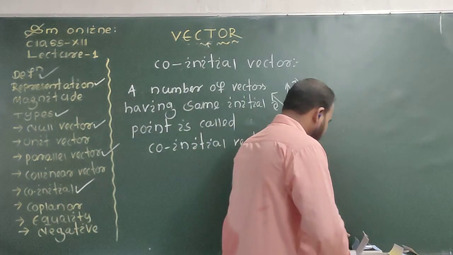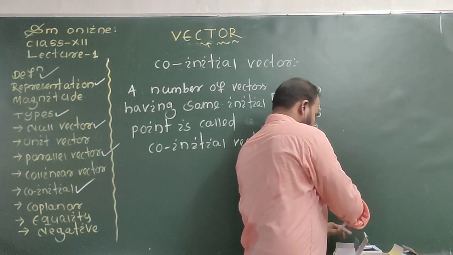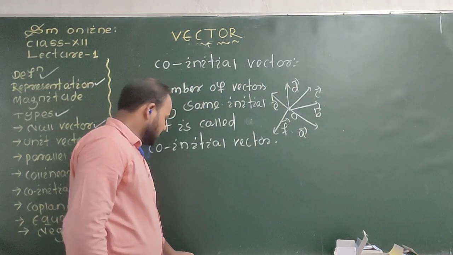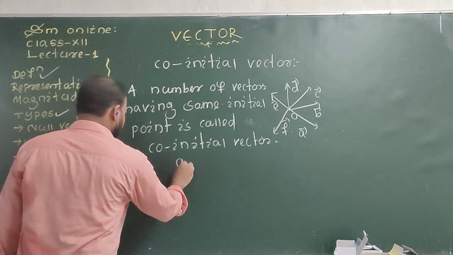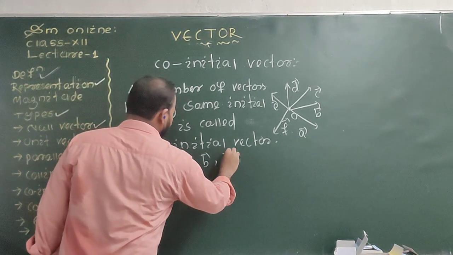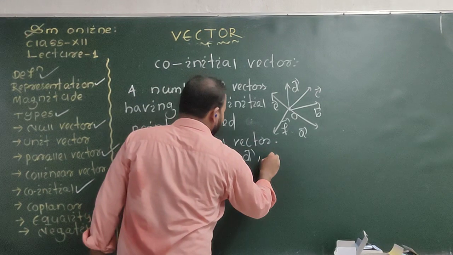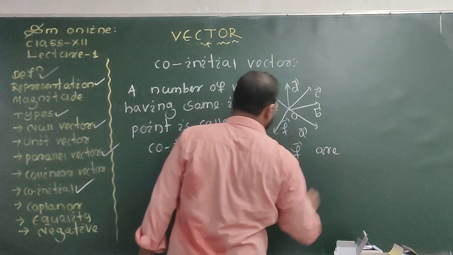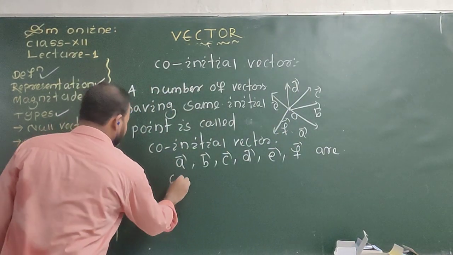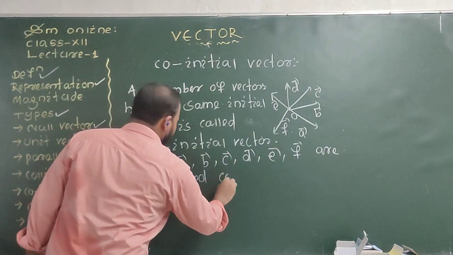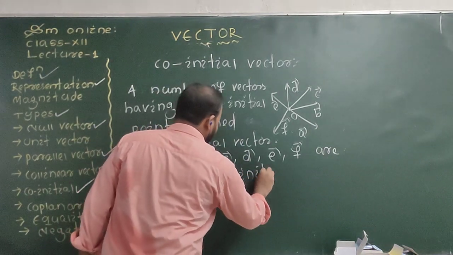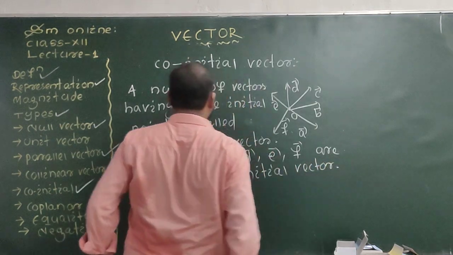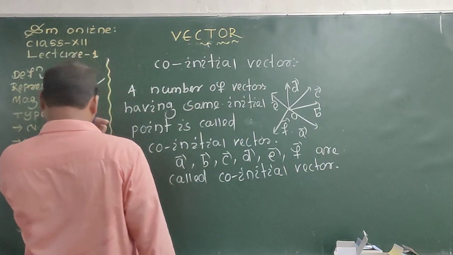And here vector A, vector B, vector C, vector D, vector E and vector F are called co-initial vectors.